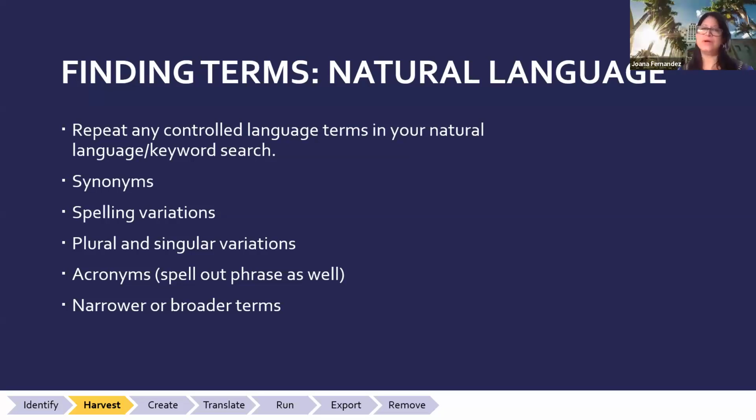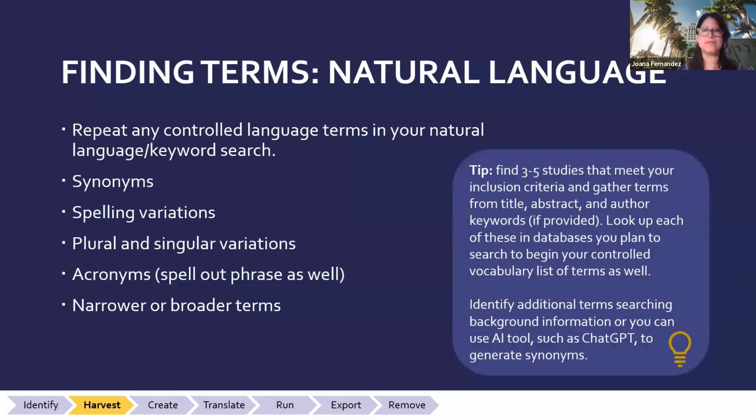When you're trying to find your natural language terms, this is the moment when you have to brainstorm and think about any synonyms, any related terms, spelling variations, even any variations in the plural or singular or in the spelling.